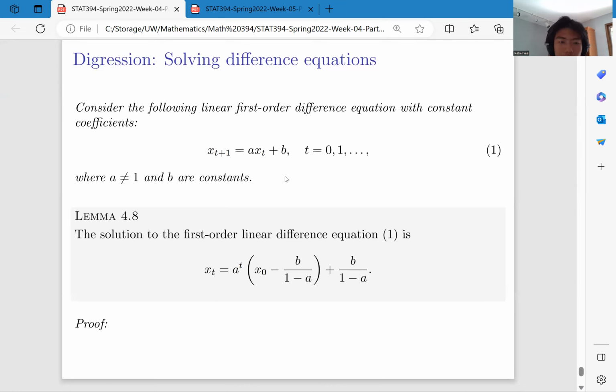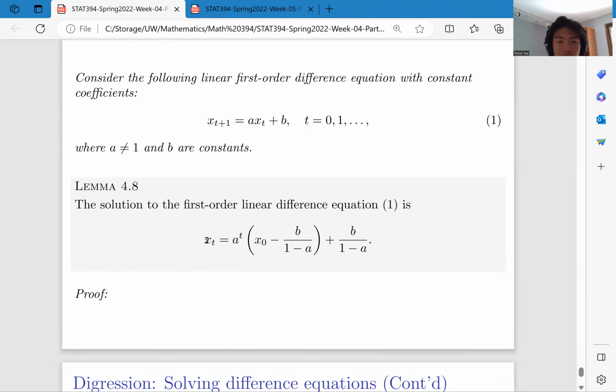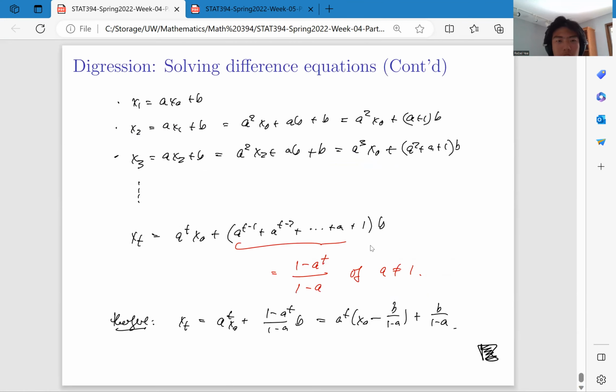If this is true, then the solution will be this. So xt, if you know x0, you can definitely calculate xt by using this formula. The proving process is here: x1 is a times x0 plus b, x2 equals a x1 plus b, and this step just continues to the end. So what can we find?